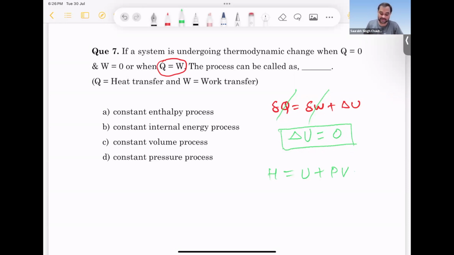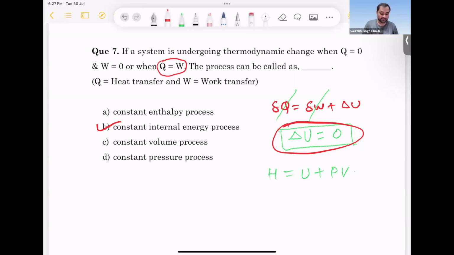The second option says constant internal energy process. Yes, it is correct, as we have found here, delta U is equal to 0. The third one says constant volume process. If the work done is 0 and the system is a simple compressible system, then volume will be constant. But if it is not a simple compressible system, and some other types of work are involved, like shaft work, or when work is not 0, then volume can change.